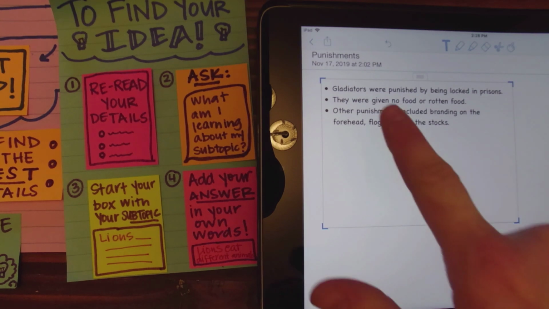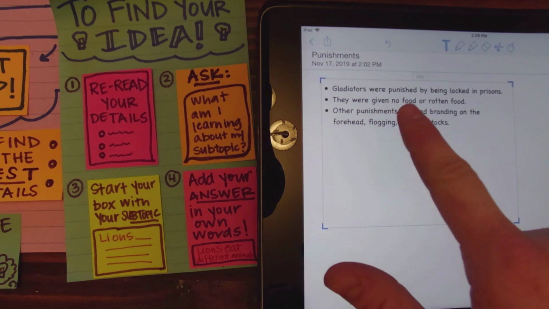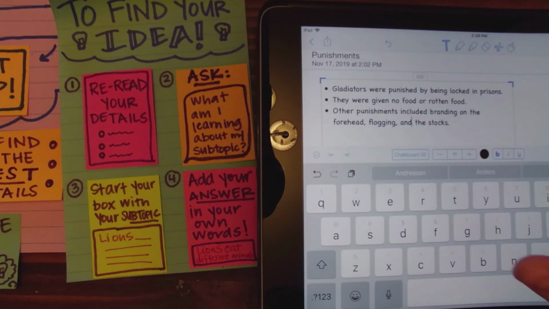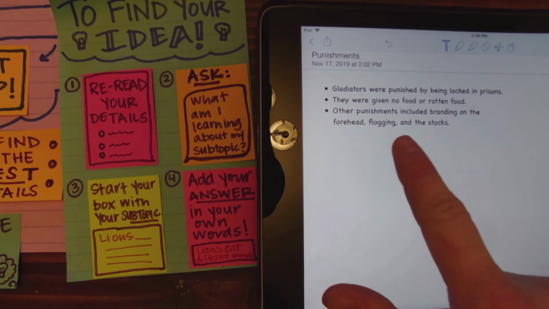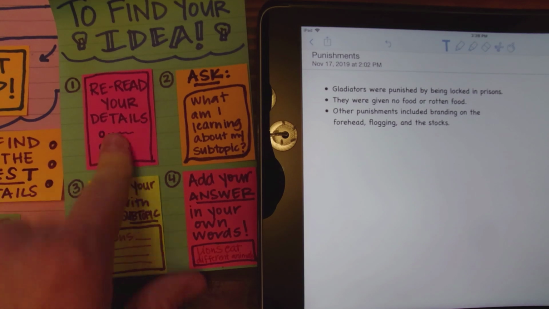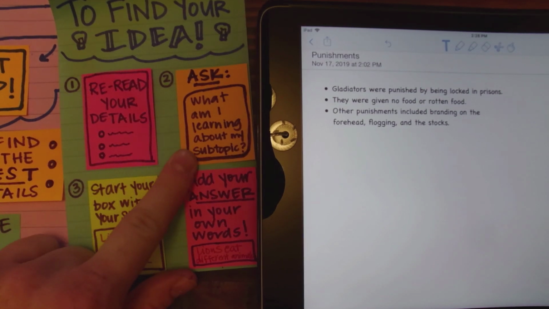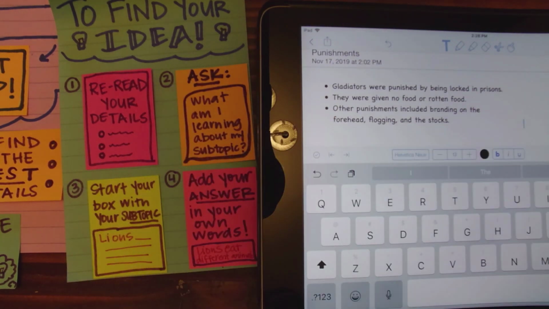Gladiators were punished by being locked in prisons. They were given no food or rotten food, and other punishments included branding on the forehead, flogging, and the stocks. Okay, so I reread my details. Now I want to ask myself, what am I learning about my subtopic of punishments by these details?